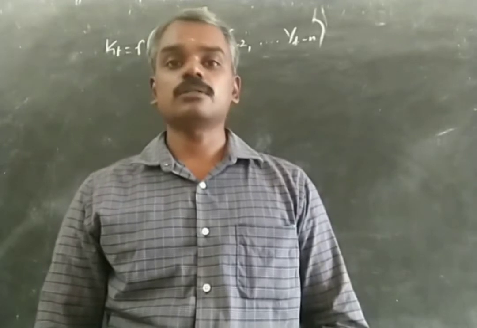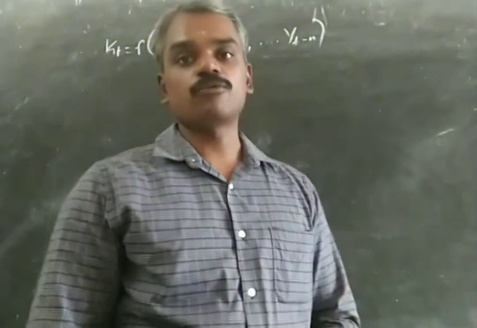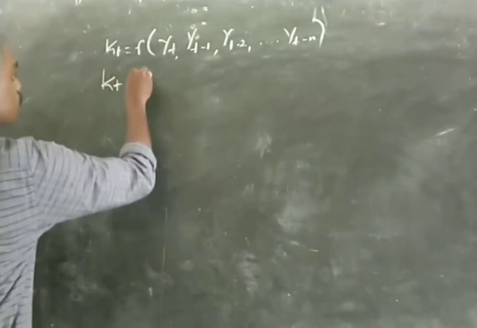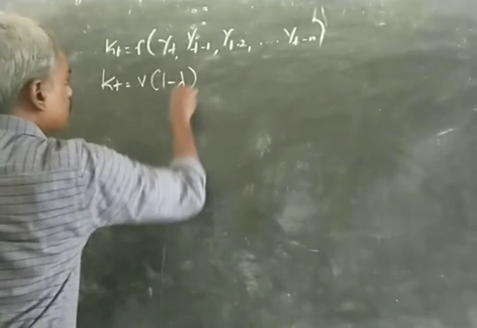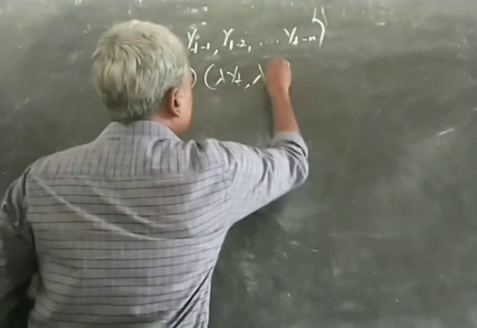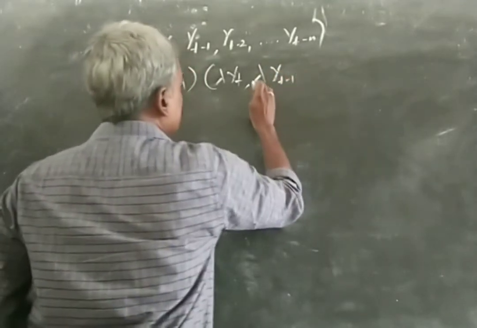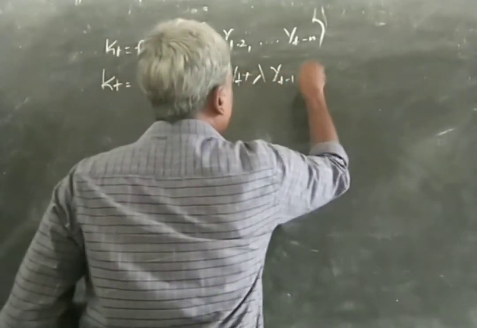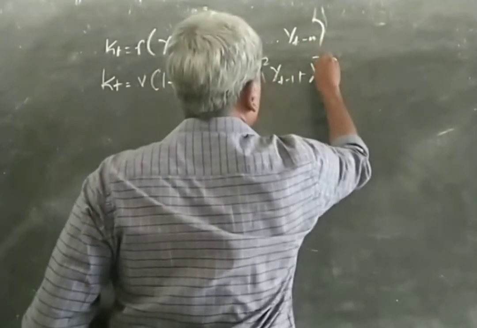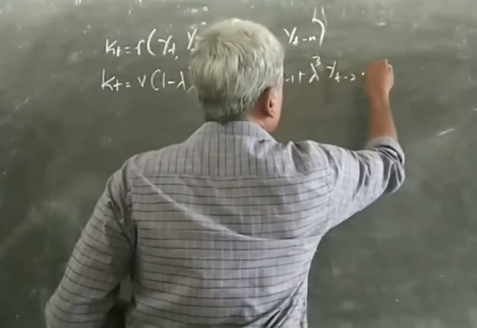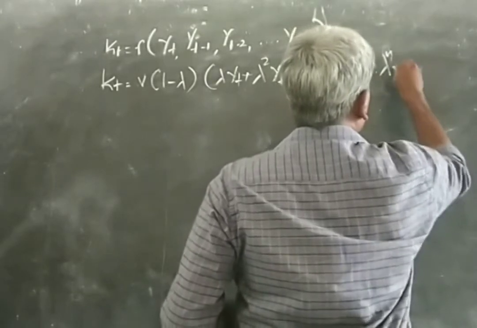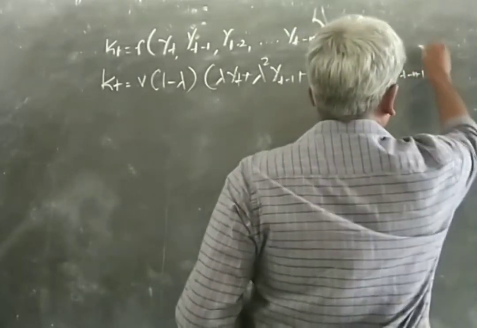The weightage attached was lambda, and therefore the capital stock function can be modeled as KT is equal to nu into 1 minus lambda into lambda YT plus lambda square YT minus 1 plus lambda cube YT minus 2 up to lambda raised to n YT minus n minus 1.